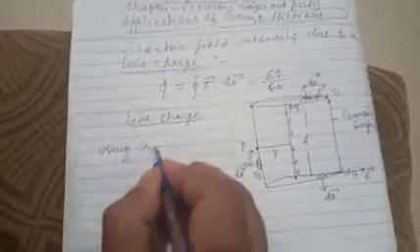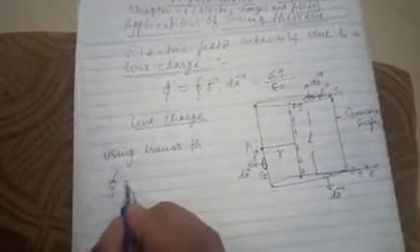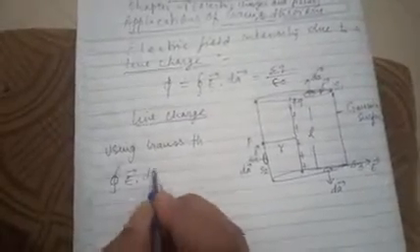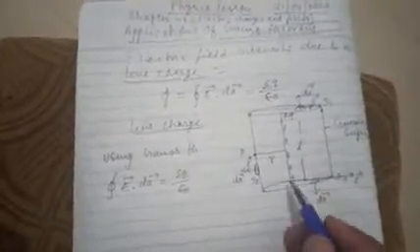cylindrical surface. So using Gauss theorem, that is integral over the whole surface E dot dA equal to summation q divided by epsilon 0. This is the total flux through the whole Gaussian surface, and we can divide it into three parts.